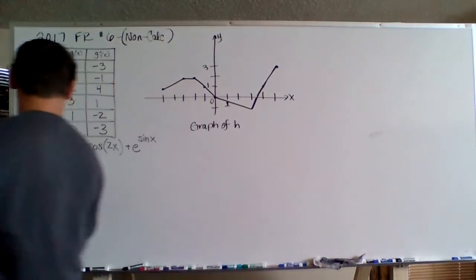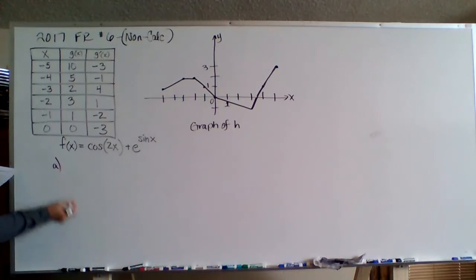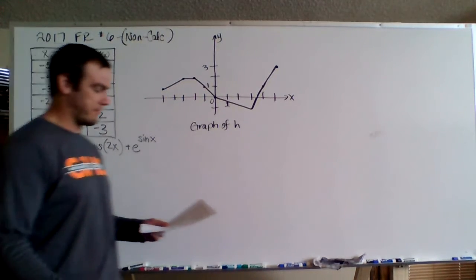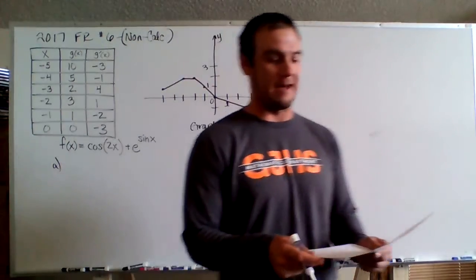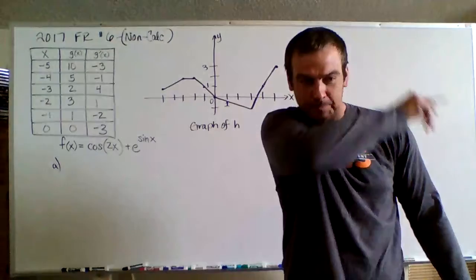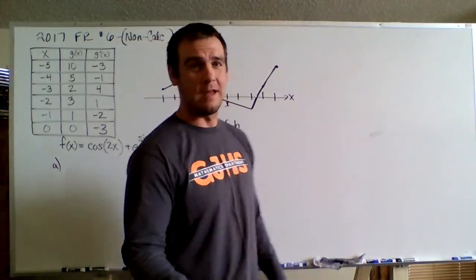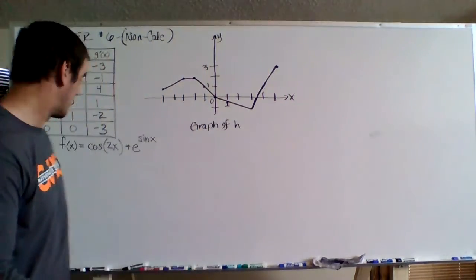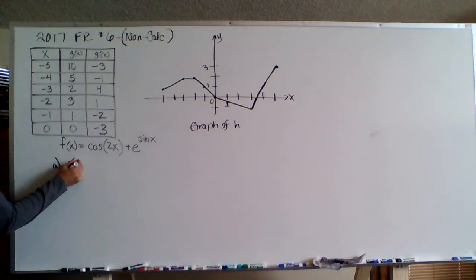All right, so part A is asking us, find the slope of the line tangent to the graph of f at x equals pi. So find the slope. Isn't that just going to be the derivative? So I want to begin by finding f prime of x.